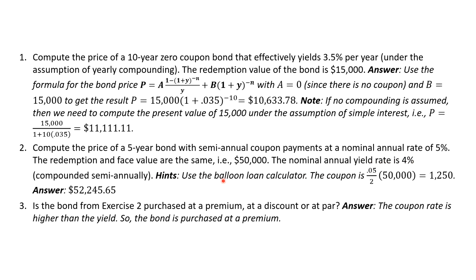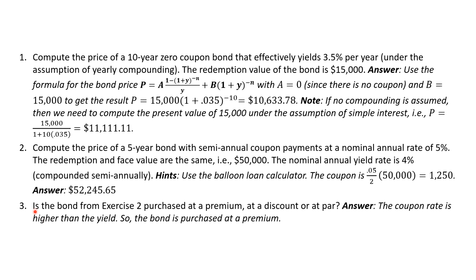Hence, use the balloon loan calculator, which I've made available previously, and I'll be putting the link to all the different calculators in the information to this video. And the coupon is half of this percent, because it's semi-annual, times the 50,000. So the coupon is $12.50, and you plug all this information into the balloon loan calculator, and you get this solution here.